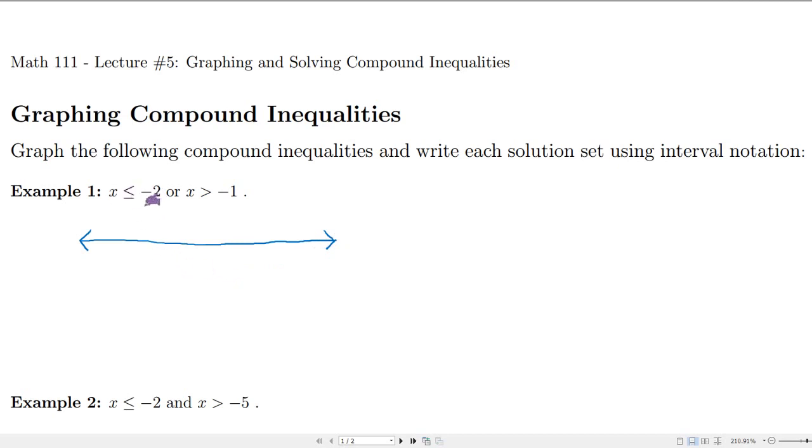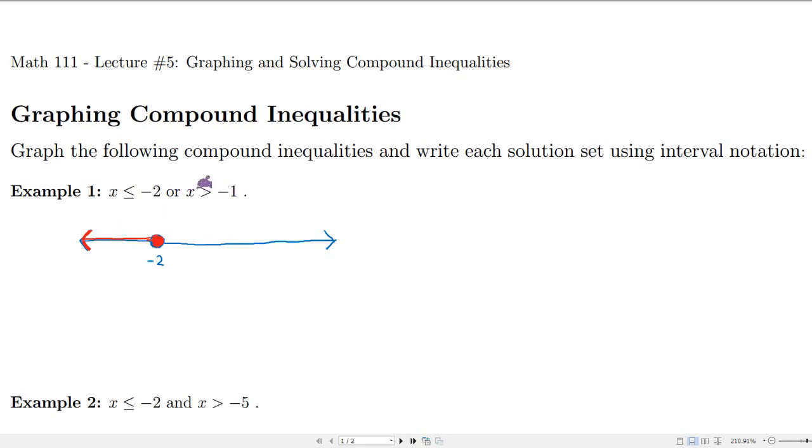Okay, so x being less than or equal to -2, we will put a solid circle for -2. And then, you know what, let me switch to a different color here. So let's say red. Okay, so solid circle here. And x is less than or equal to this, so the x values would be over here.